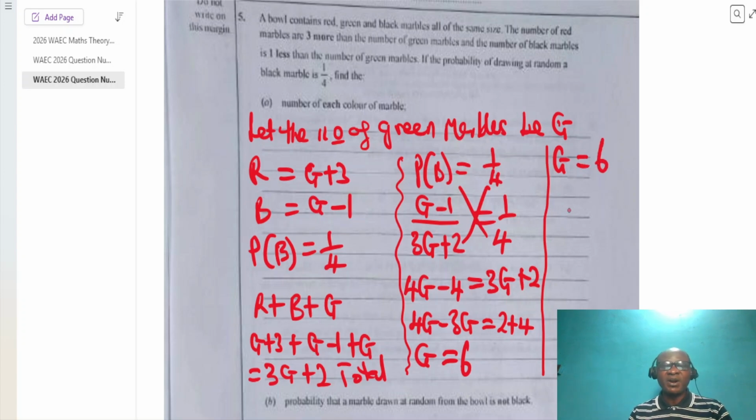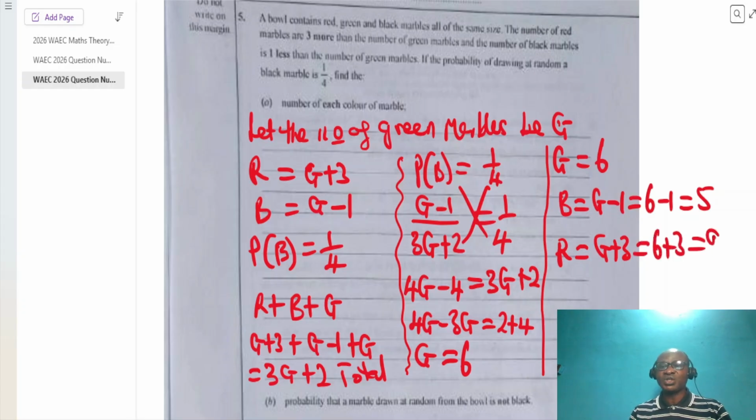Now, for the number of black marbles, I am given the formula from the start that it is equal to G minus 1, which means 6 minus 1, and that is equal to 5 marbles. Also, the number of red marbles is G plus 3, so that is 6 plus 3, which is equal to 9.